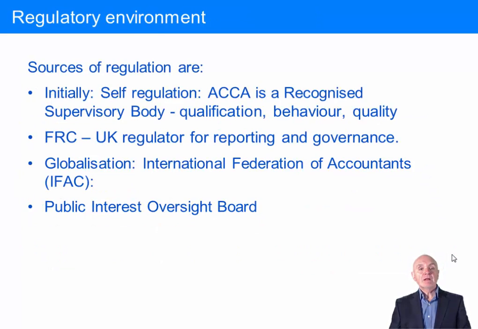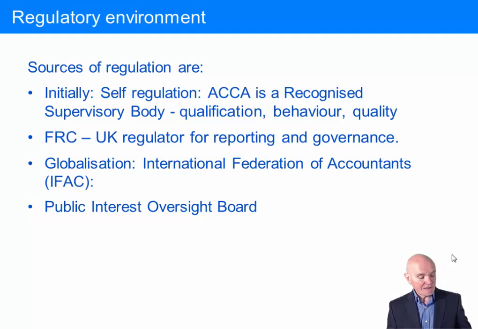Regulatory environment, several different layers if you like. First of all, members of the ACCA are regulated by the ACCA. ACCA looks after your qualification, your exams. It insists that there's continuing professional development. It looks after behaviour. If you're found guilty of a crime, for example, or maybe found guilty of not carrying out an audit properly, they can fine you or ask you to leave the profession, leave the ACCA.